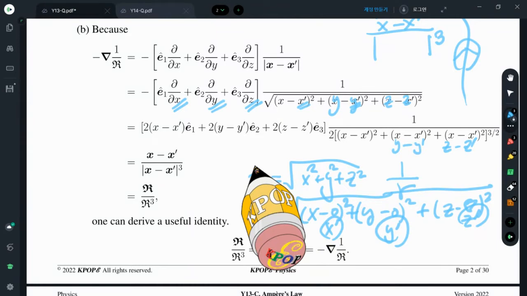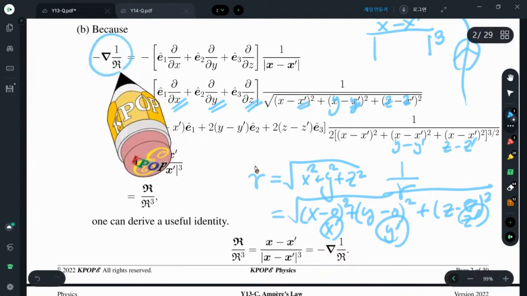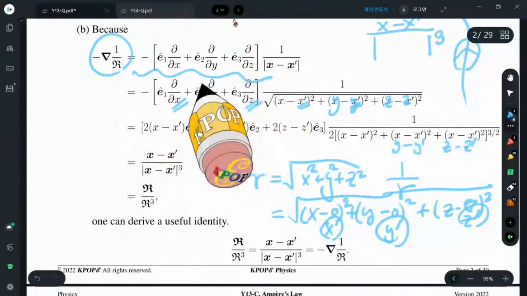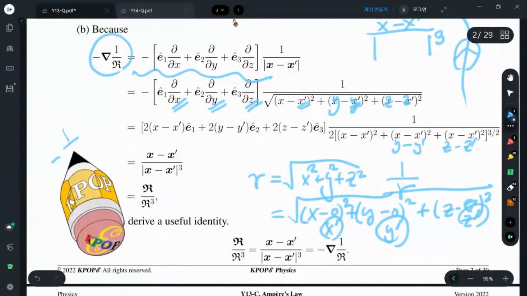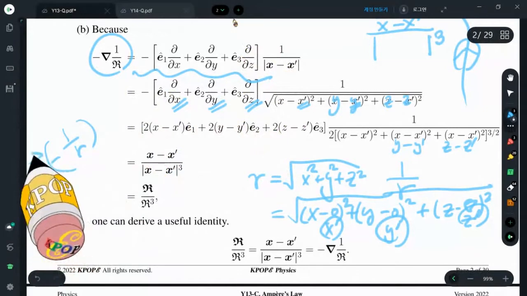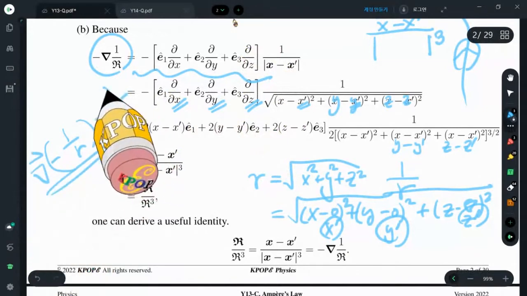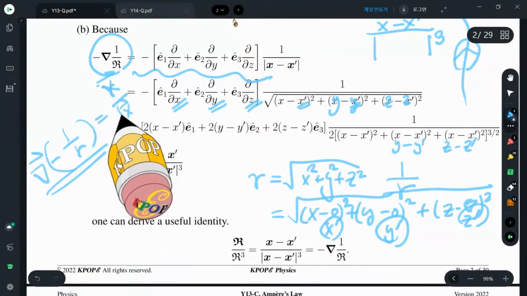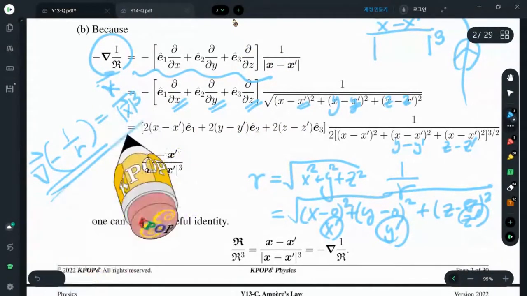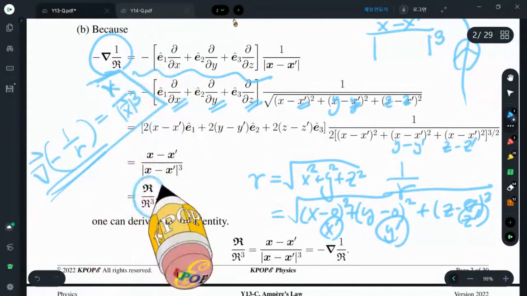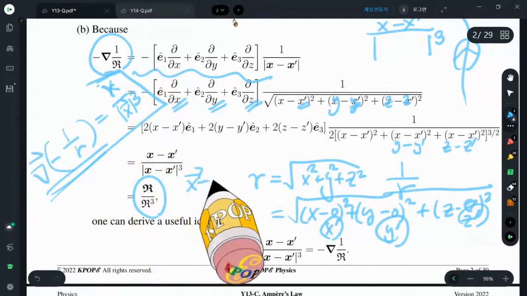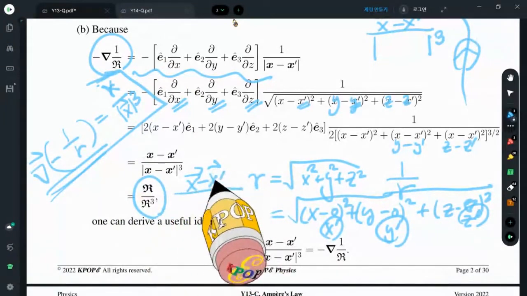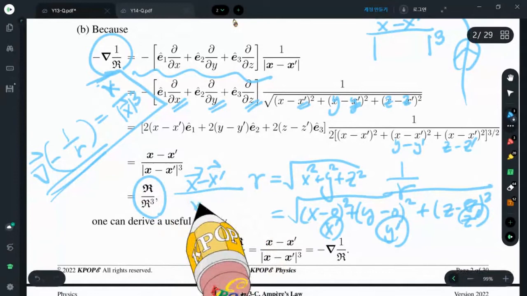Anyway, minus 1 over r, it's minus a gradient. We remember this one. This one is the x vector divided by the magnitude of x cubed. So this can be used to find the result. What we have done is just a translation from the origin to x prime.